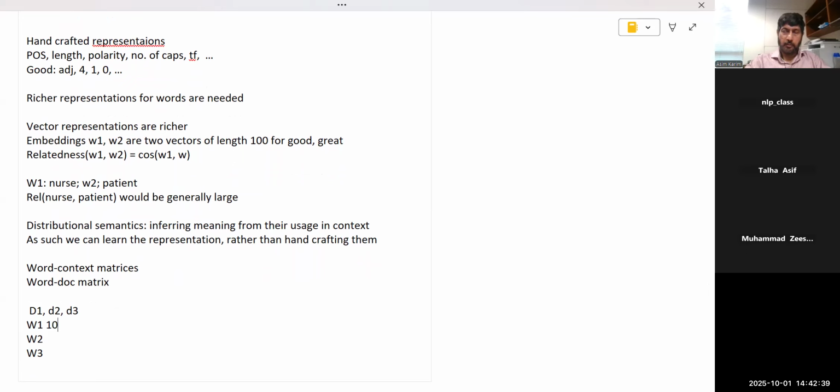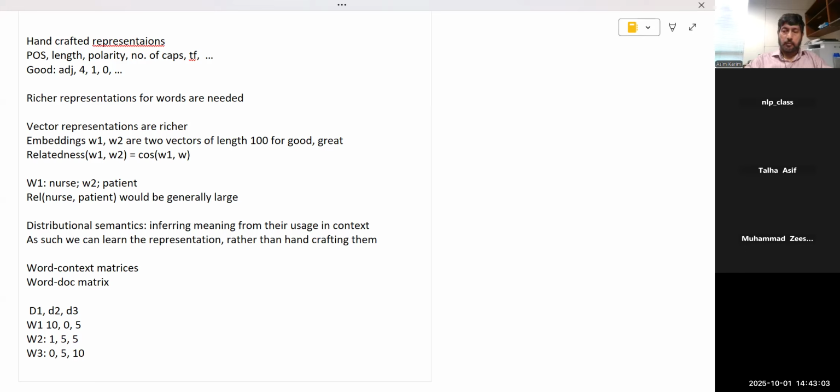For example, it occurs 10 times. In document 2, it occurs 0 times. Document 3, let's say 5 times. W2 की मैं बात करूं तो let's say ये 1 है, ये 5 है और ये 5 है. W3 की बात करूं तो let's say ये 0 है और ये 5 है और ये 10 है.